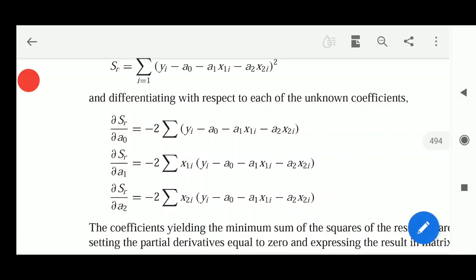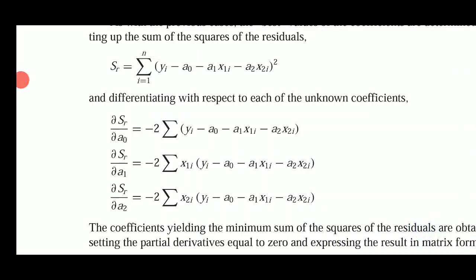For a single point, the error will be y minus a0 minus a1x1 minus a2x2. Similarly, I can find the error for all the remaining points and take the square of each error.